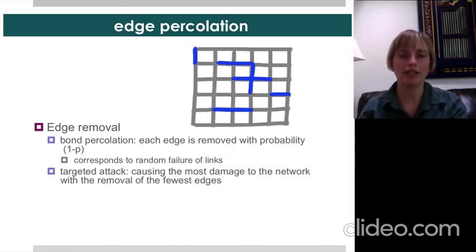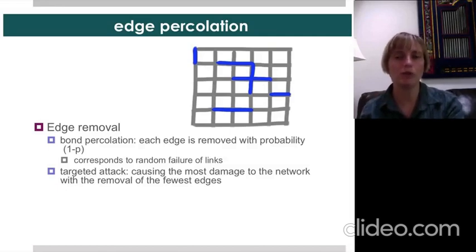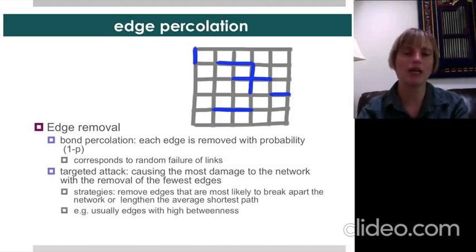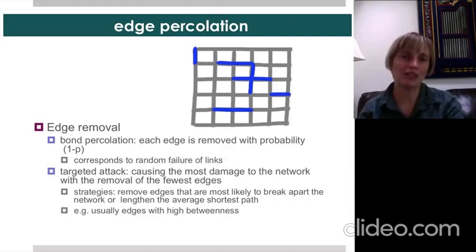And if we want to target the attack, we're going to ask which links should we remove such that we have to do the fewest removals and inflict the most damage in terms of how much the giant component shrinks and what the average shortest path is within the component. And if you think about what strategies you might want to use, well, we've basically already done this when we were using the betweenness algorithm for community finding.